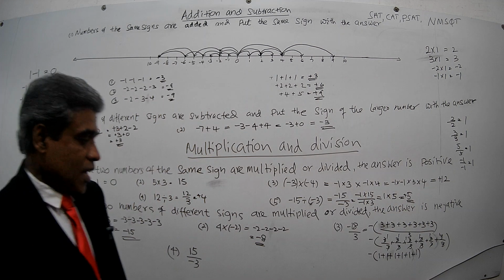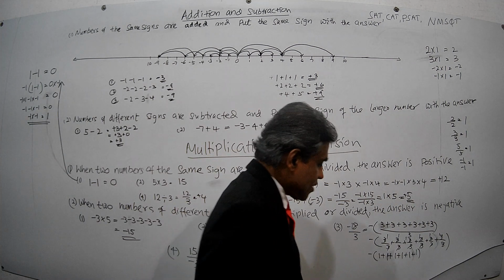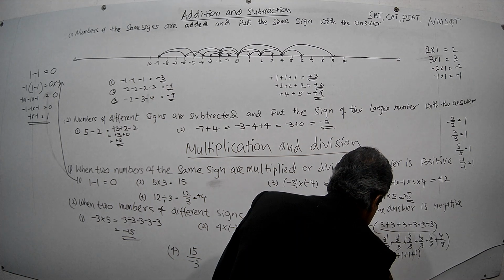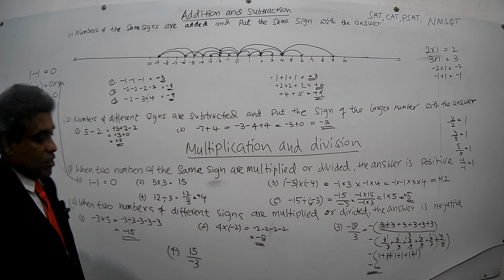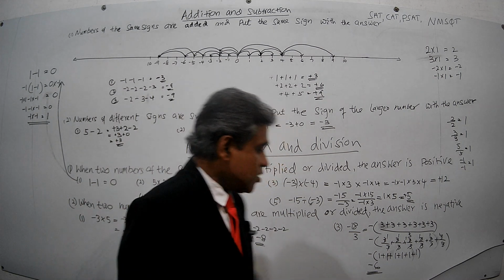There are 6 ones here, right? Now add all 6 ones, you get 6. Then it will be minus 6. So minus 18 divided by 3 comes to be minus 6.